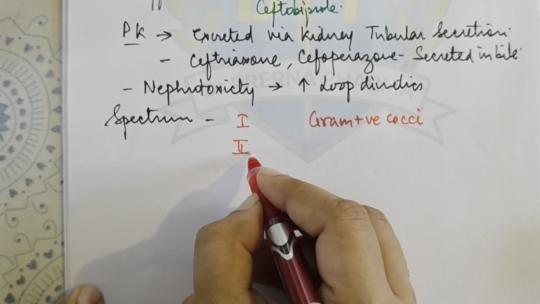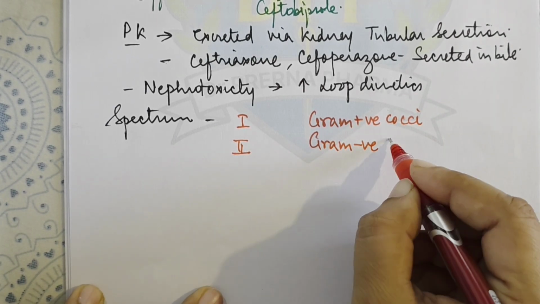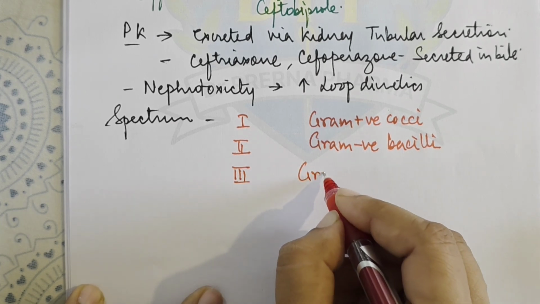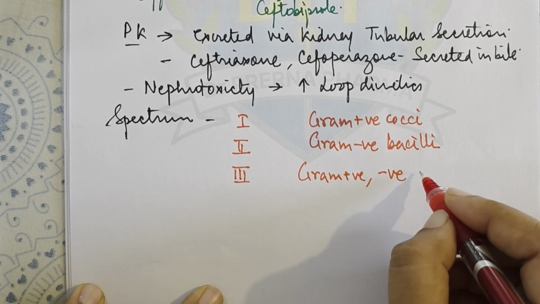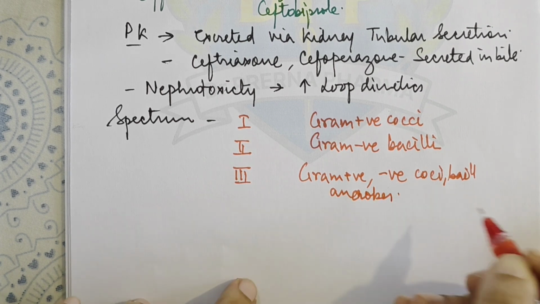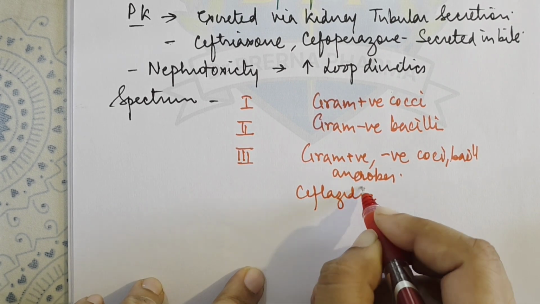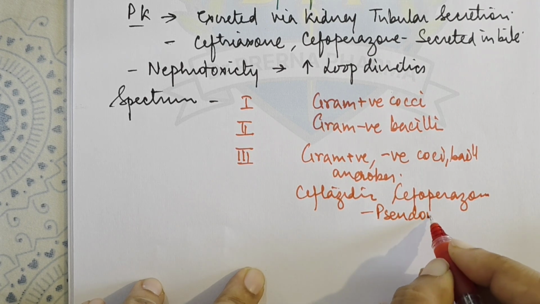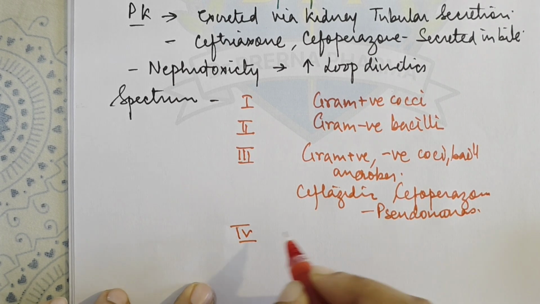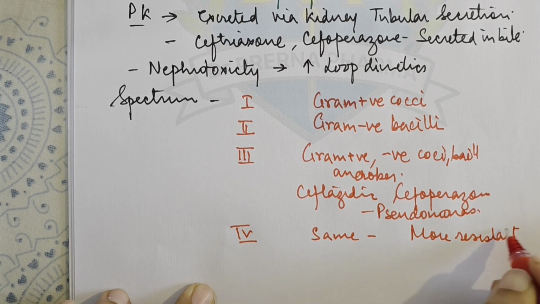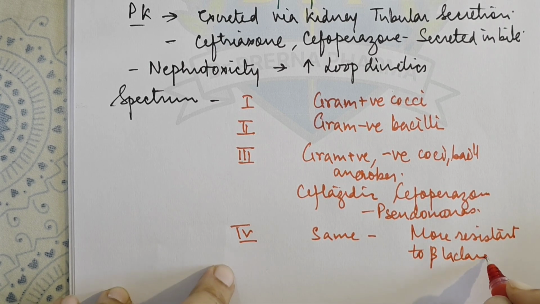The second generation compounds are active against gram negative bacilli. Then third generation compounds are active against gram positive, gram negative cocci, bacilli, and anaerobes. In this, ceftazidime and cefoperazone are effective against Pseudomonas also. Then the fourth generation compounds are the same as third generation, but they are more resistant to beta-lactamases.